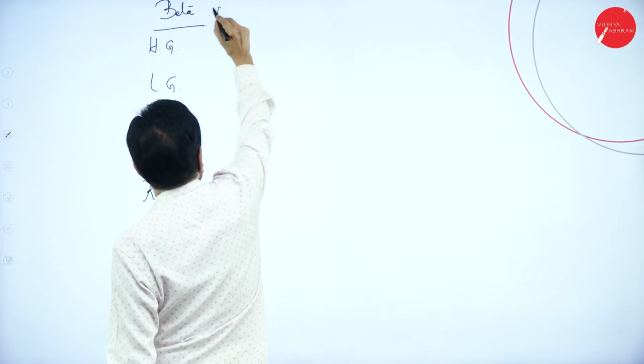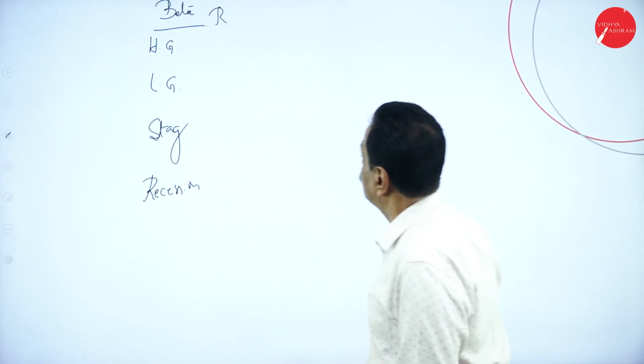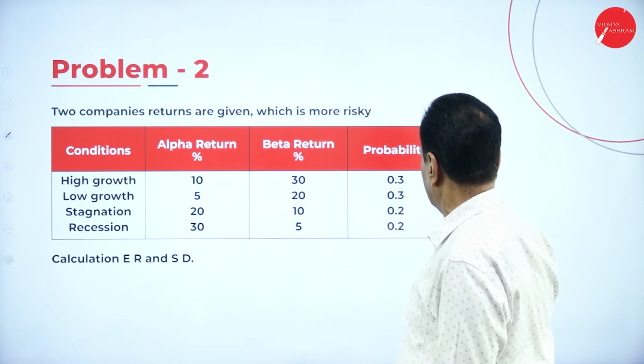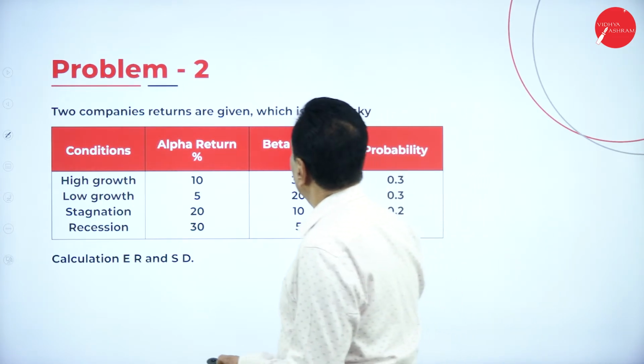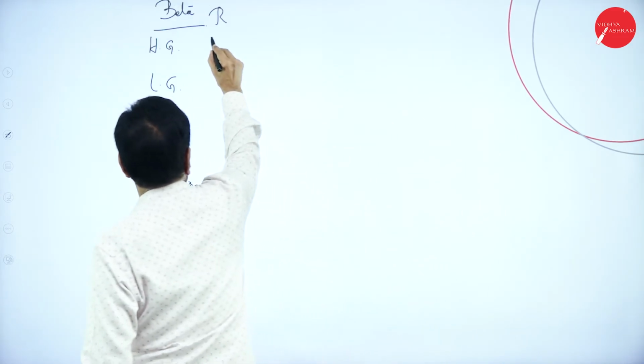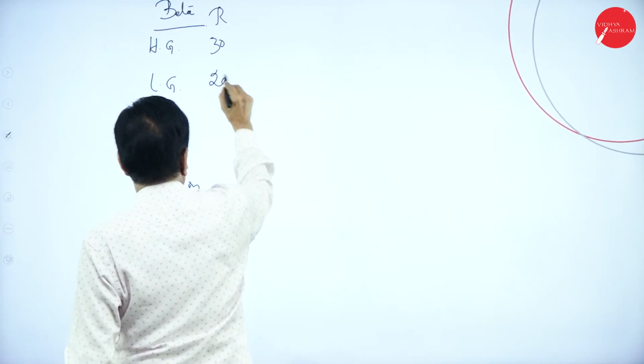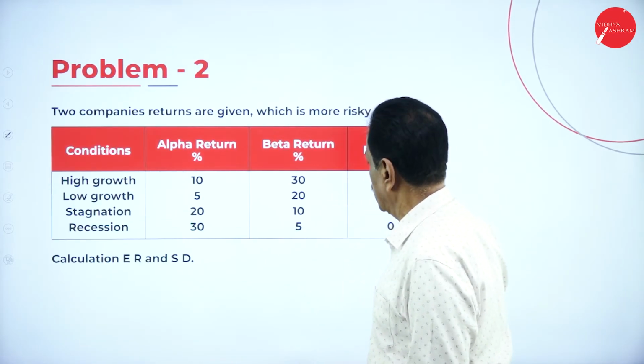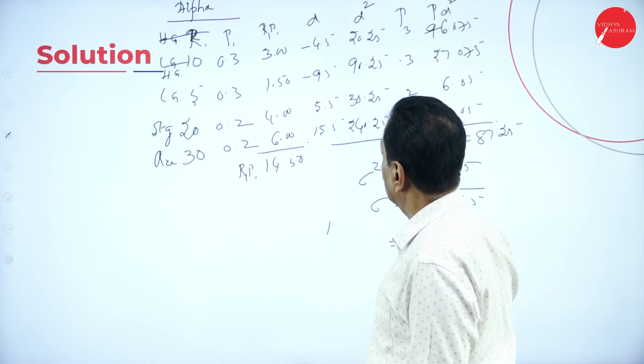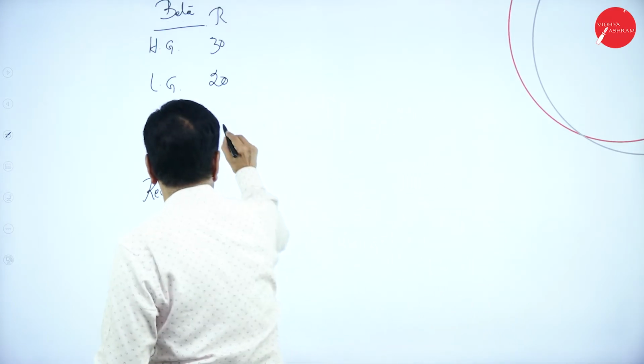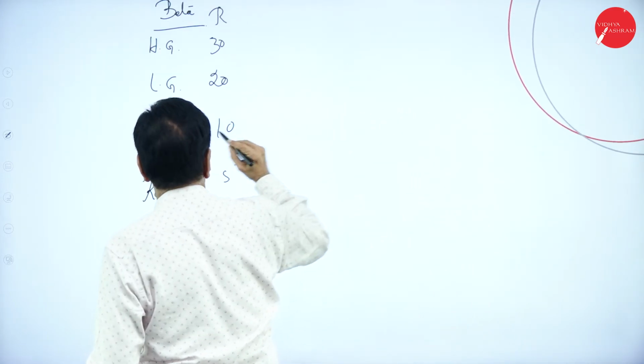Then returns are for beta 30, 20, 10, 5. This is your return.